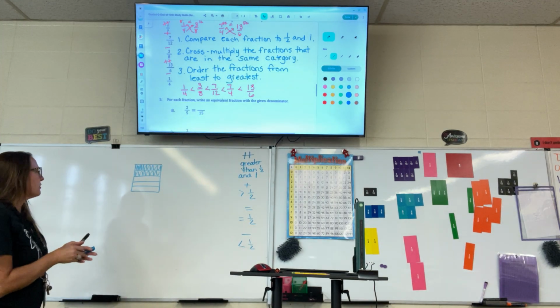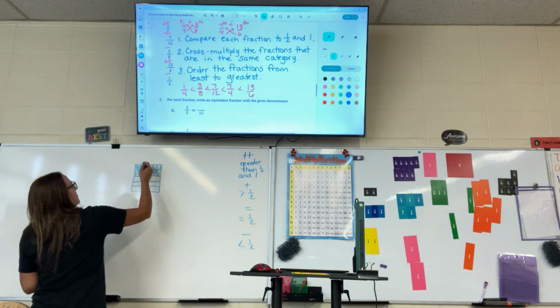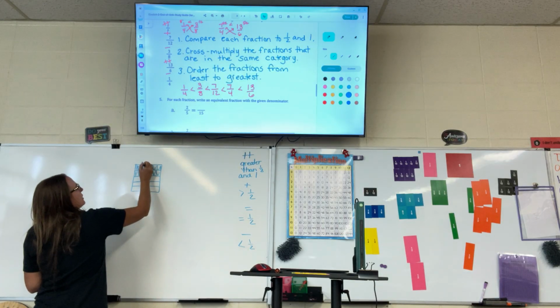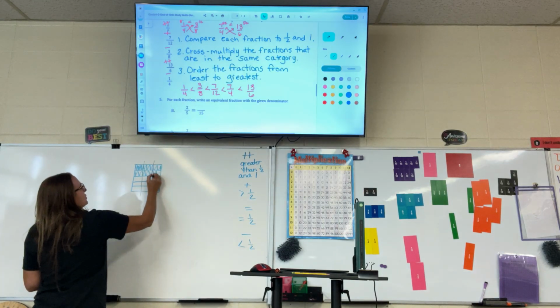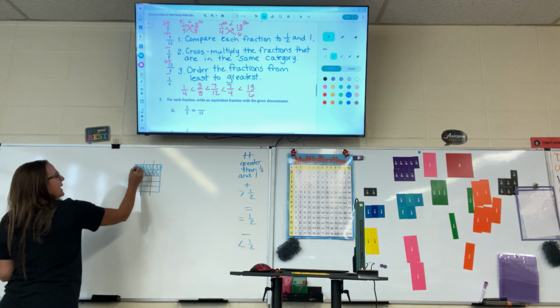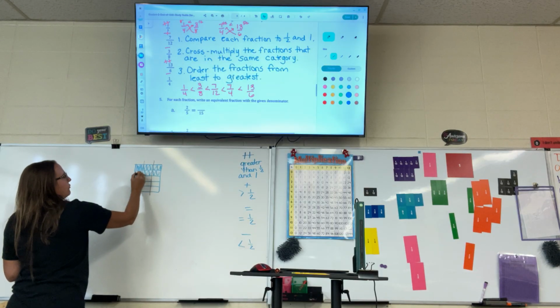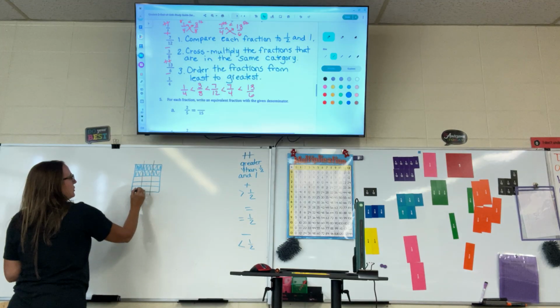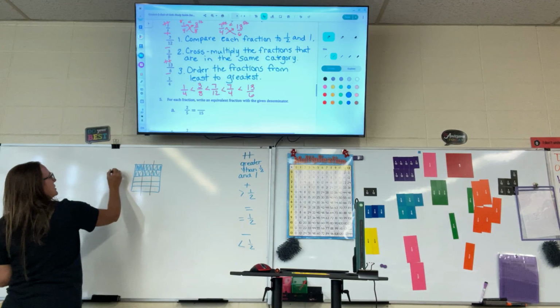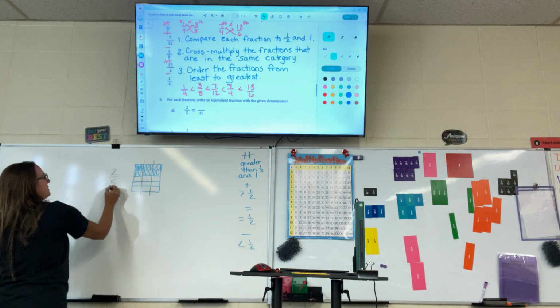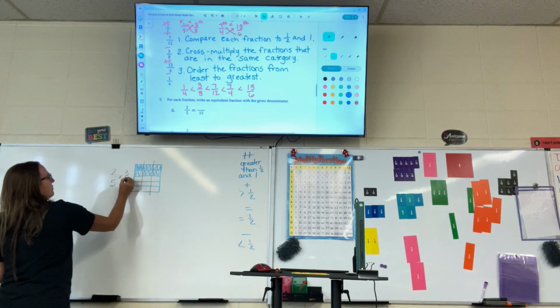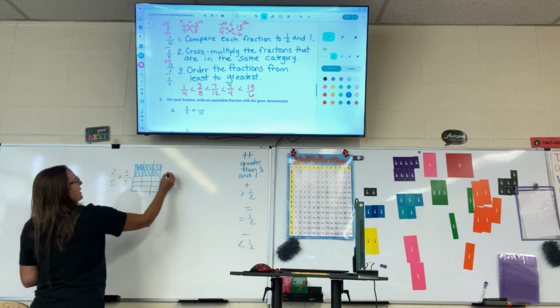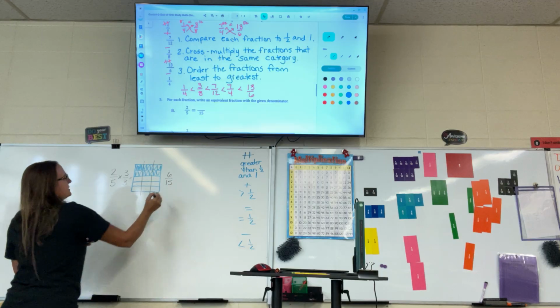Shout it out. 3. So I'm going to split each one of these sections into 3. So now I have 15 sections. I started with 2/5, multiplied by 3 over 3, and I got 6/15.